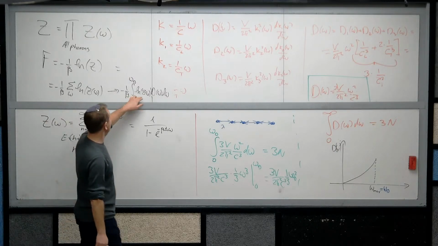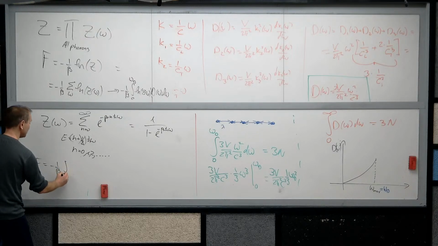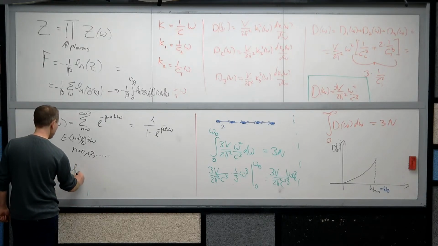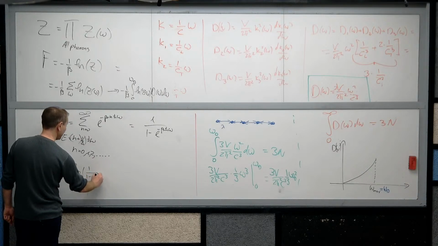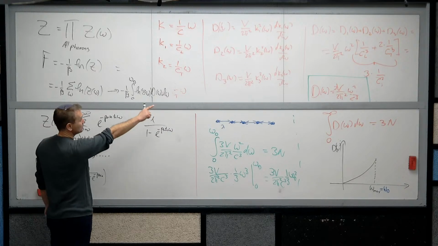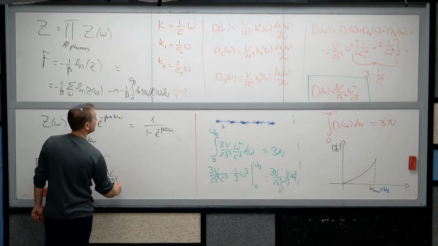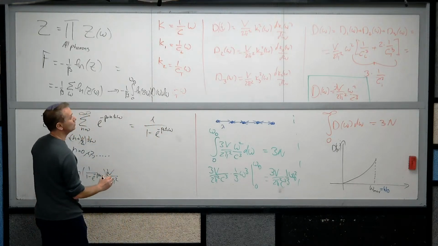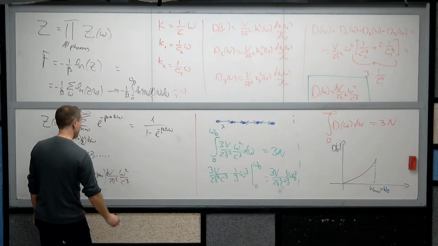So for the free energy, we have minus 1 over beta, integral from 0 to omega Debye of the log of 1 over 1 minus e to the power minus beta h bar omega, and let's put everything inside, which is V divided by 2 pi squared, times 3, omega squared divided by c cubed, d omega.